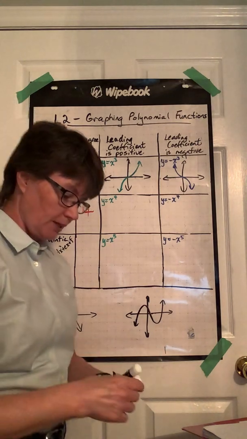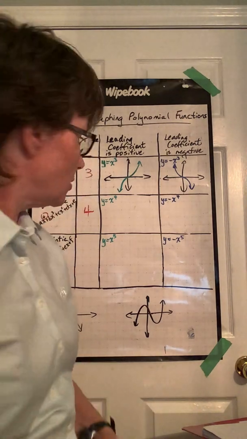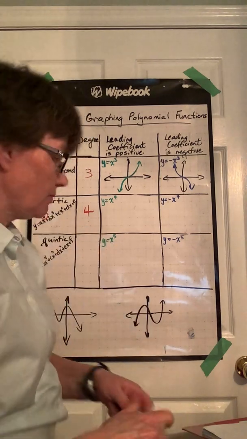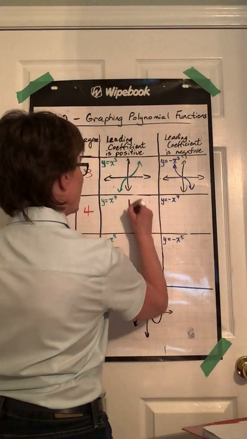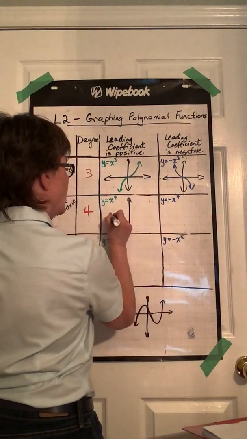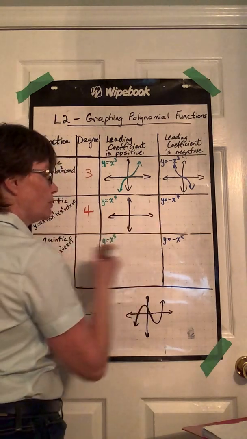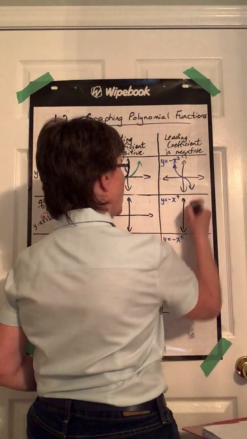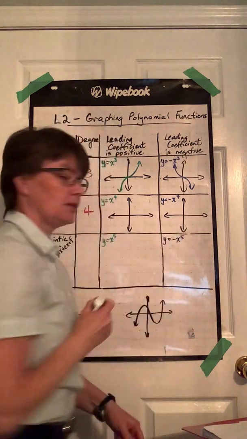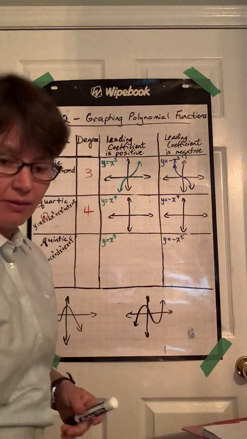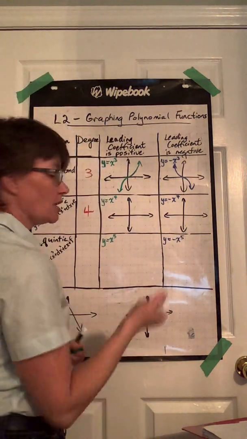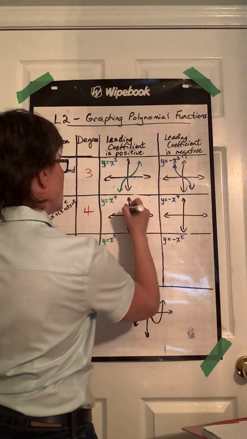Okay, so we talked briefly last video about the fact that even functions start and end the same way, either both up or both down. And if that leading coefficient is positive, then they're both going to start and end up.